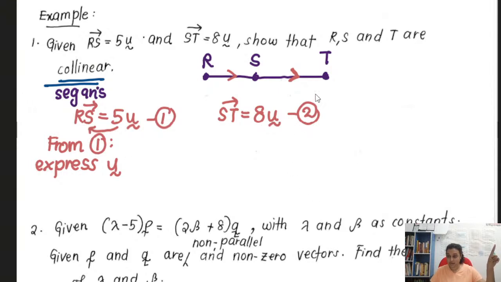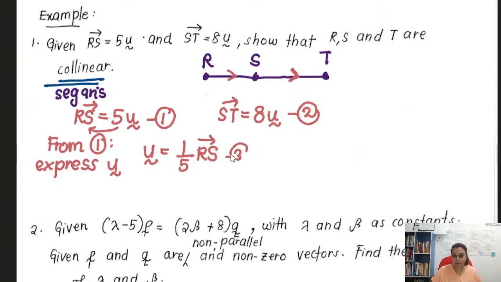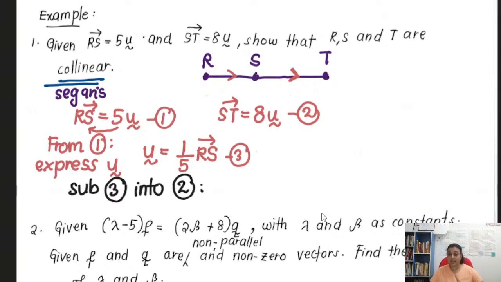Jadi vector U kita dapat 1 over 5. This one we write as persamaan ketiga, the third equation. Then what you do? You substitute the third equation, gantikan ke dalam persamaan kedua.